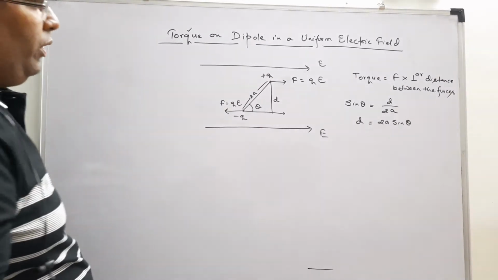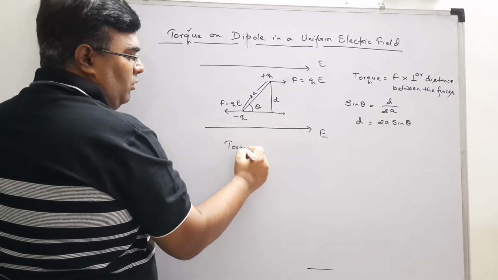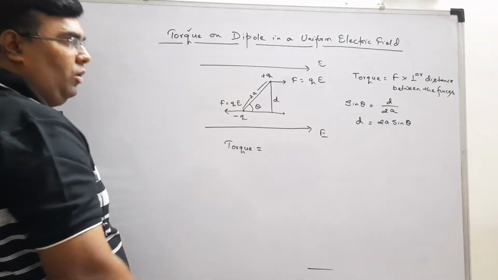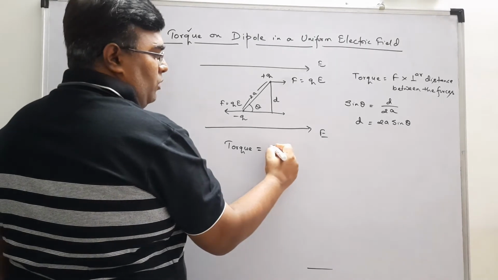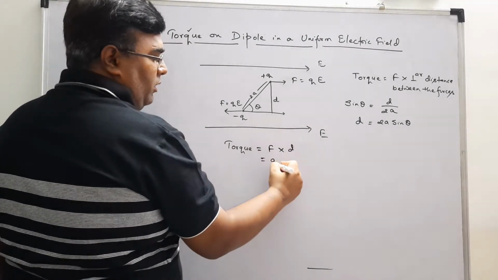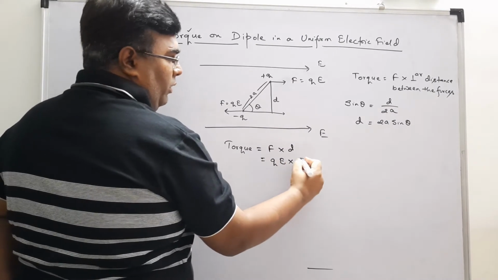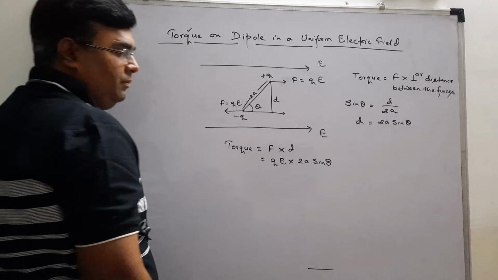So from this we can say that the torque on the dipole is force into distance, which is qE into 2a sine theta.